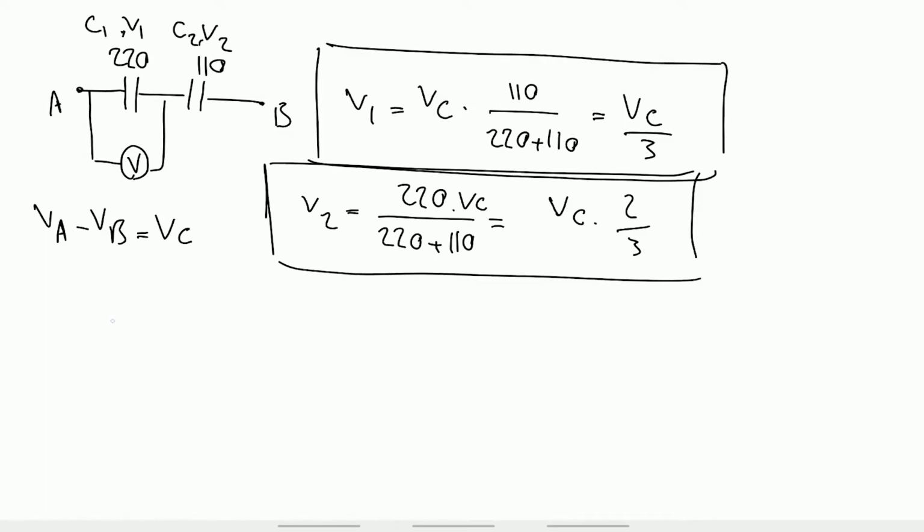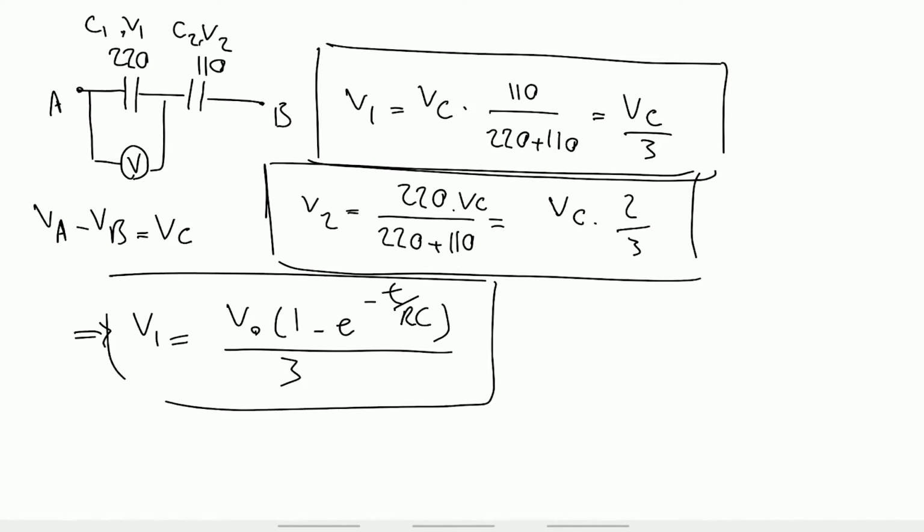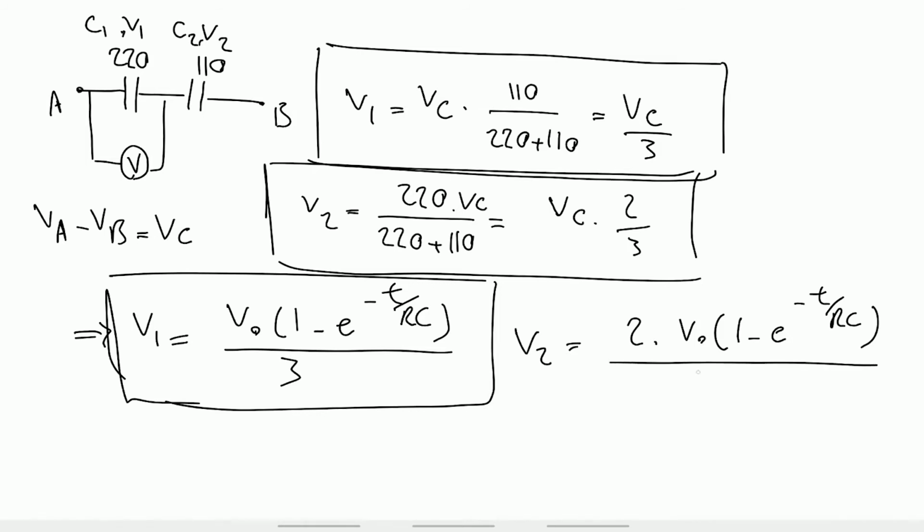Now we need to know what VC actually is. So V1 equals V0 times 1 minus e to the power of minus t over RC, over 3. And V2 equals 2 times V0 times 1 minus e to the power of minus t over RC, over 3.